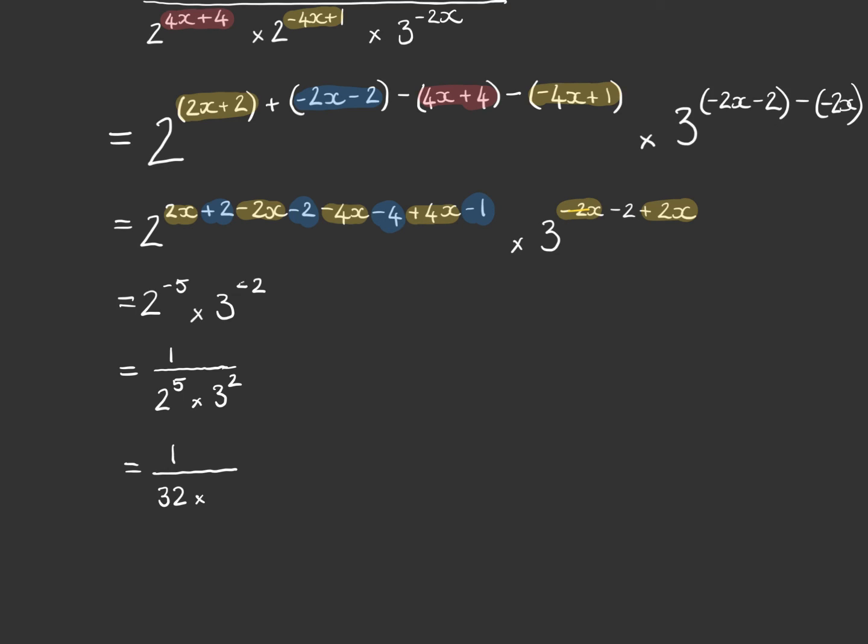And then 3 to the power of 2 is going to be 9, and to be honest, I would cheat at this point. And your calculator will give you an answer of 1 over 288. The trick is, if you're going to use your calculator, pretend that you haven't by doing little bits by little bits. And that way, no one can prove you haven't.